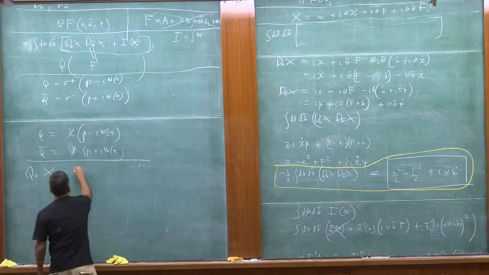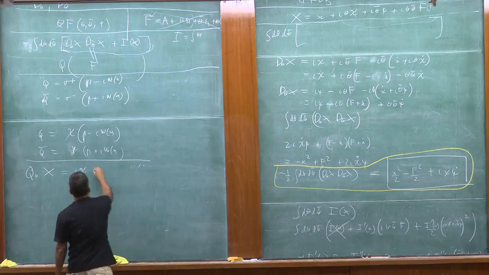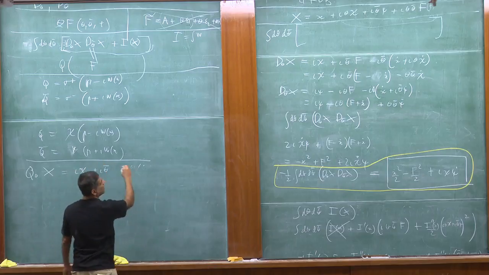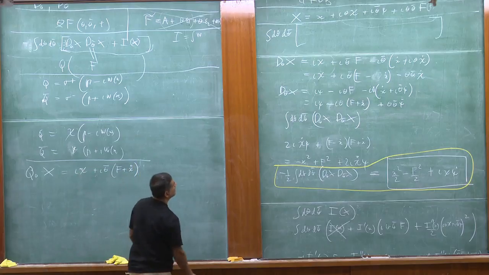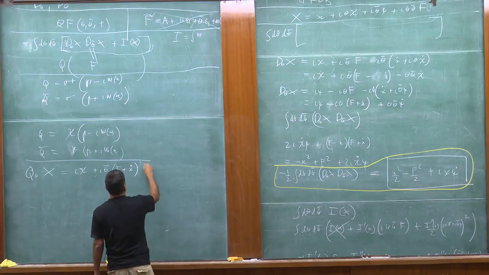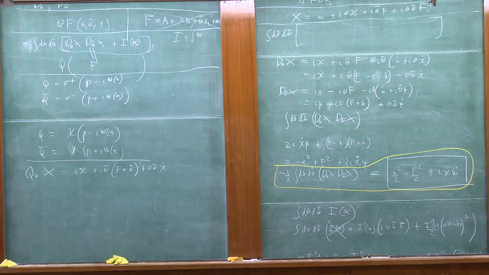I chi plus I theta bar into f plus x dot, because x dot switched sign, plus theta theta bar chi dot.